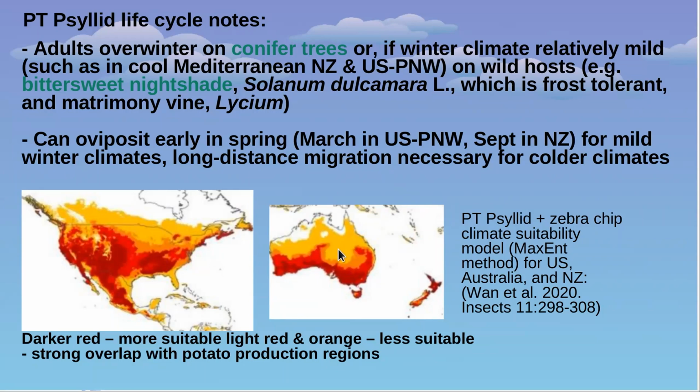So I don't know how you could grow this psyllid in these parts of Australia or in the extreme north of North America, but that's the result that this study came up with. So take it with a grain of salt, because I think it needs to be verified.